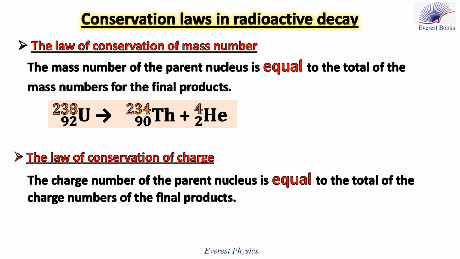The charge number of the parent nucleus is equal to the total of the charge numbers of the final products. In the decay equation shown, the charge number of the parent is 92, which equals 90 plus 2, the sum of the charge numbers of the products.